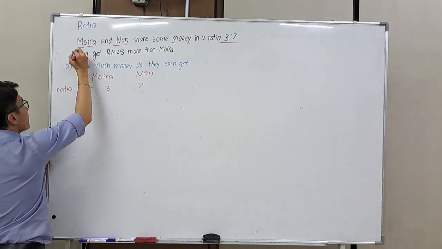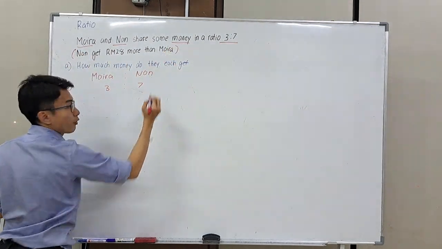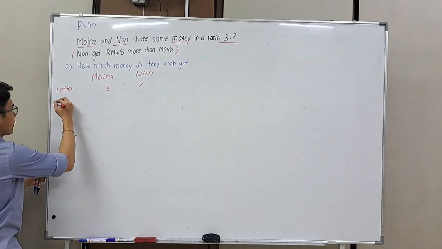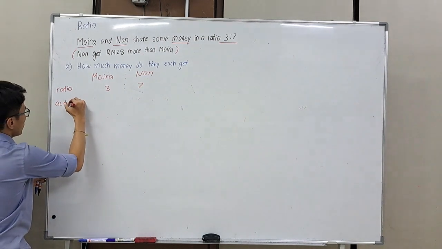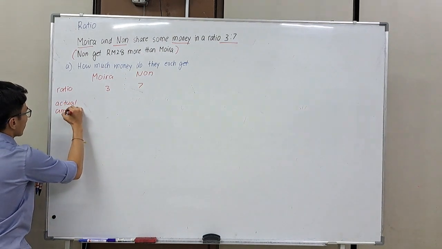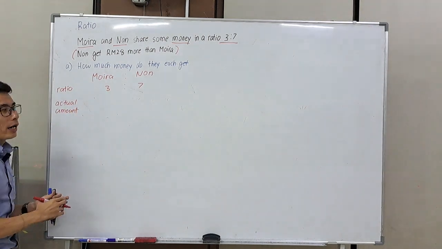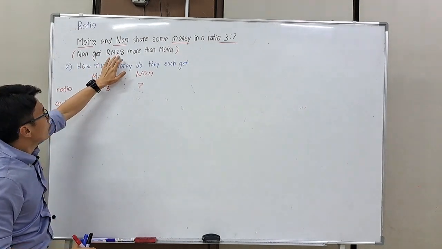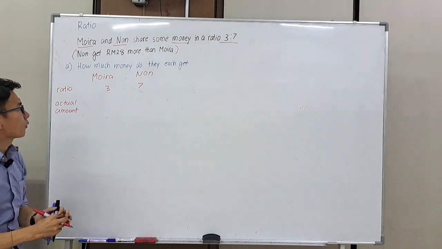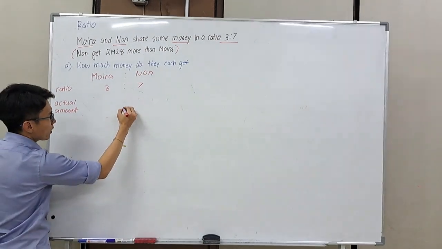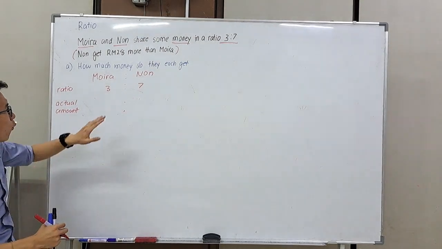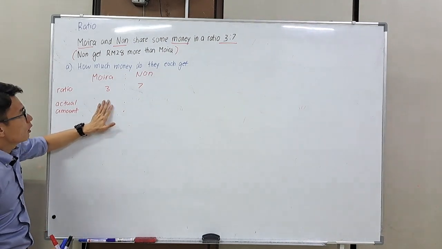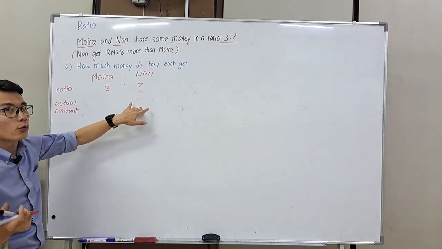Then this next sentence here is going to be very important. That is my actual amount, but in this case, they didn't give it directly. They said that Non gets 28 ringgit more than Moira. So in other words, whatever Moira gets, Non will get 28 ringgit more.